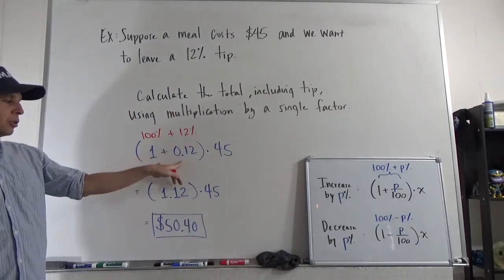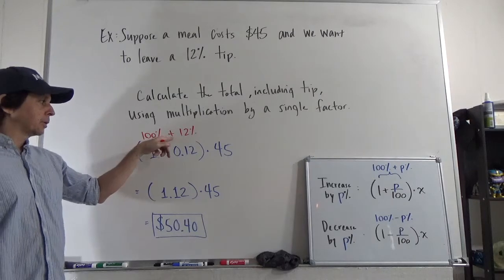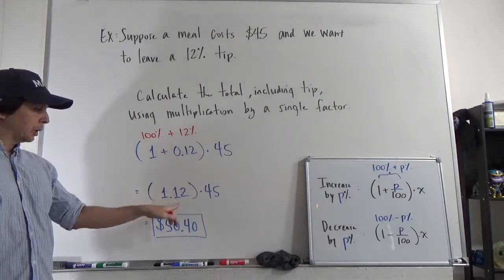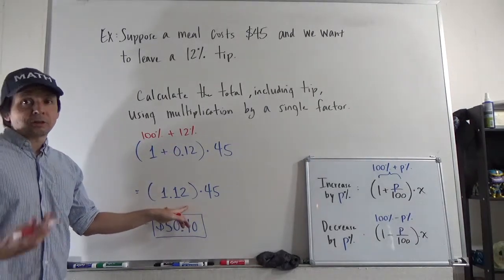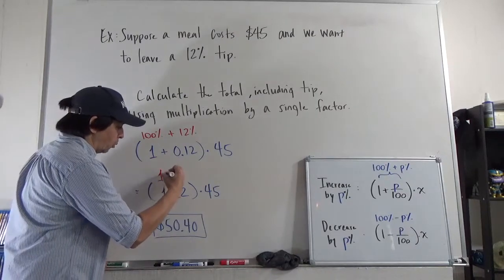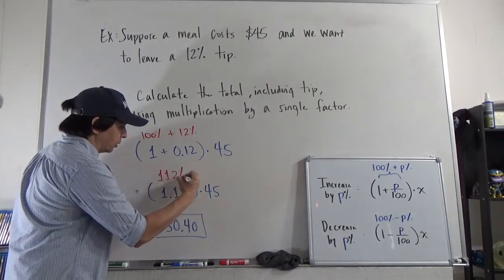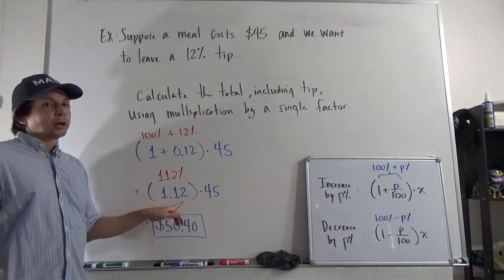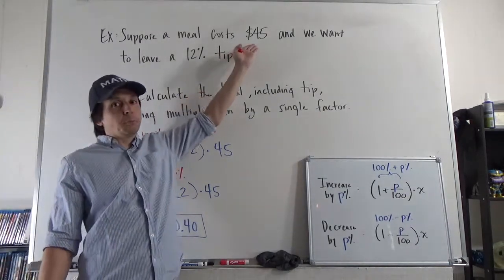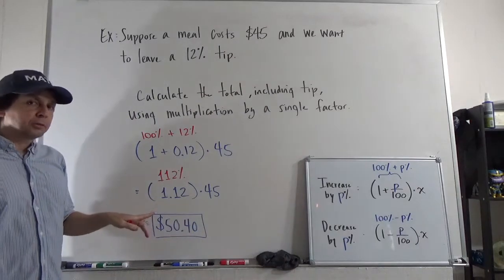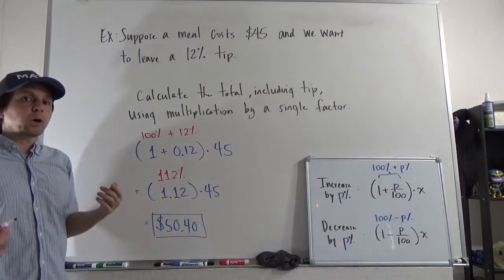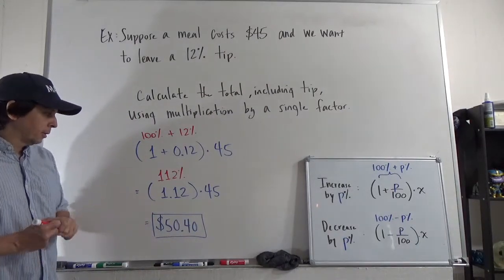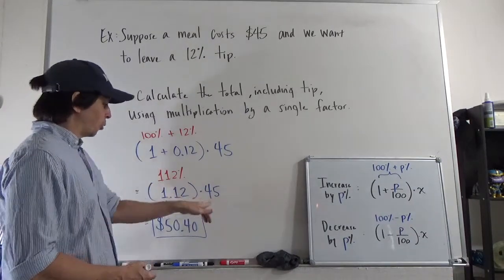So this factor right here is 100% plus 12%. And when you add them, you get 1.12, which is the decimal form of 112%. So this single factor computation is basically computing 112% of your bill. 100% for the meal and an additional 12% for your server. And that's it. 112% of 45 is what we're going to leave.